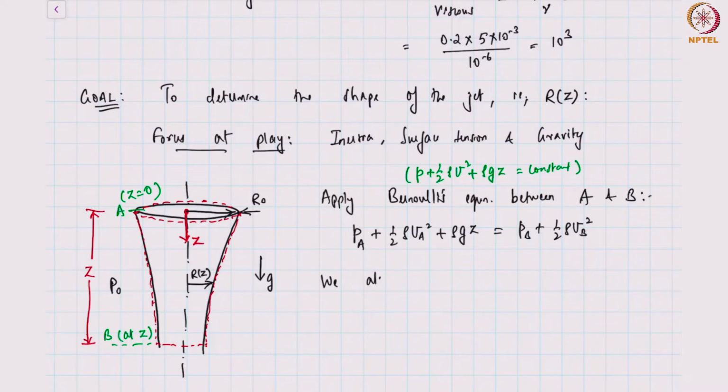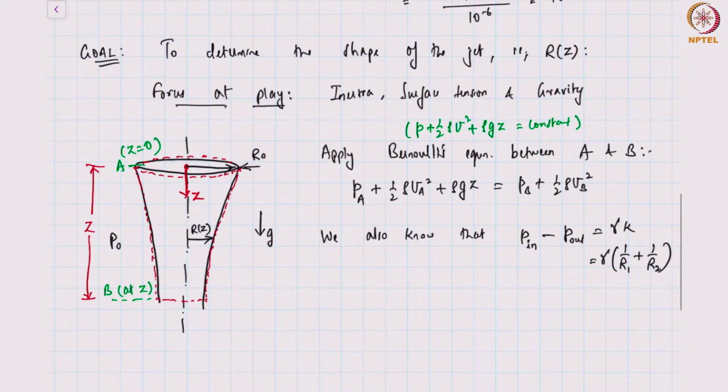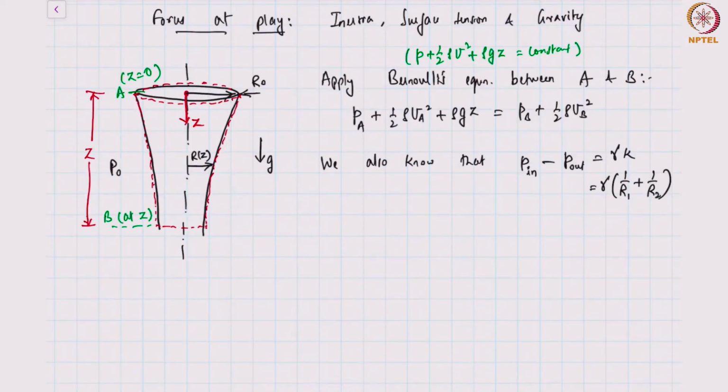We also know that the pressure inside the jet minus pressure outside the jet is gamma times curvature, which is gamma times 1 by R1 plus 1 by R2. What are these 1 by R1 and 1 by R2? If I take any arbitrary portion of the jet, then there are two radii of curvature.